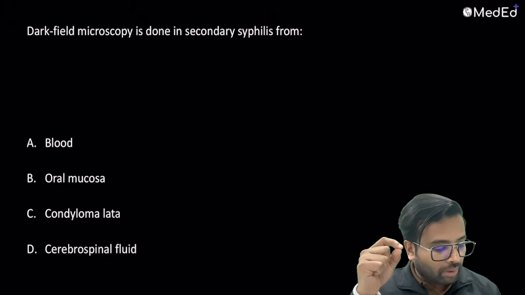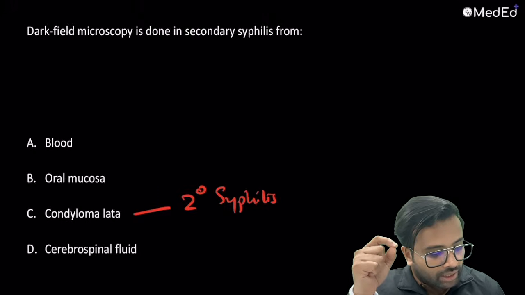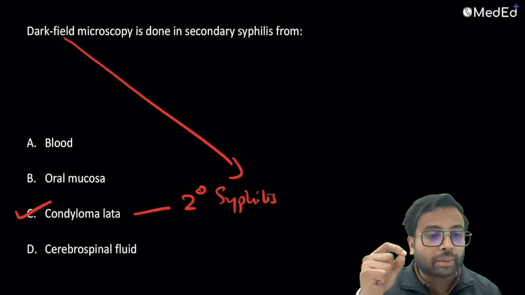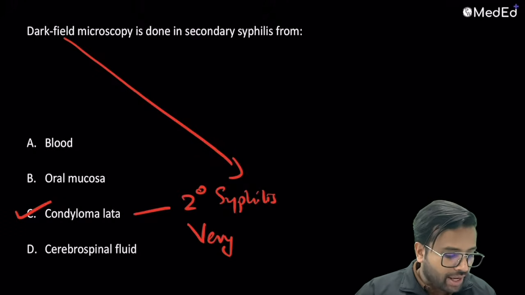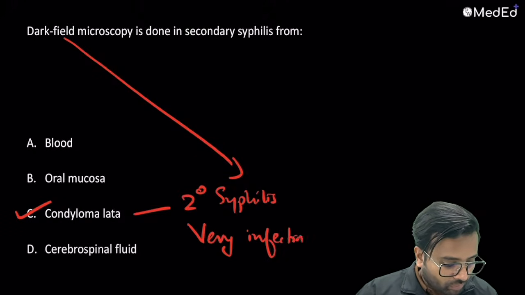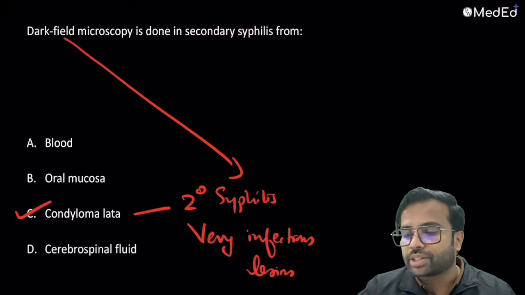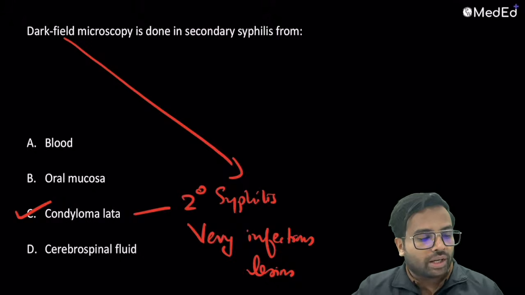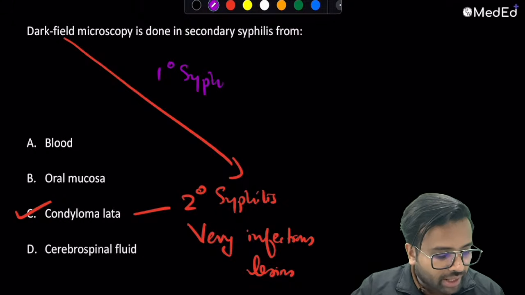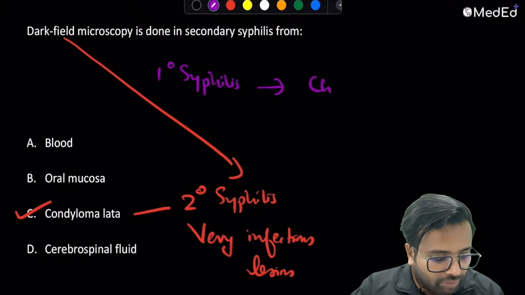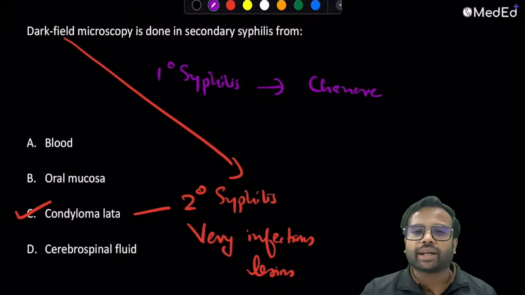So here, remember, in secondary syphilis, dark field microscopy can be done from condyloma lata, which is going to be a very infectious lesion. But most of the times, dark field microscopy is done in primary syphilis, right? In primary syphilis, right from the chancre itself, or the genital ulcer itself.